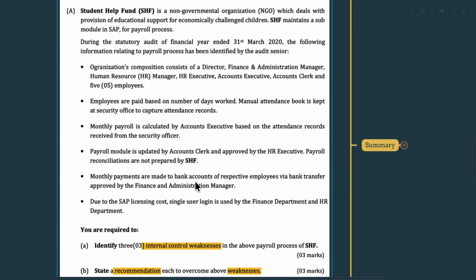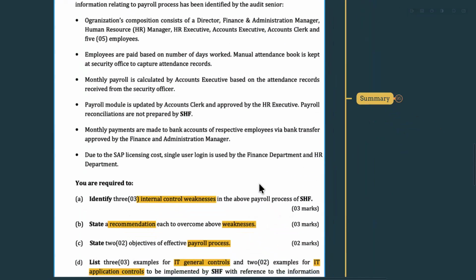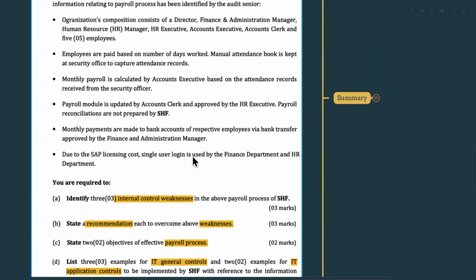And monthly payments are made to the bank accounts of respective employees by bank transfers approved by the finance and administration manager. Right? And due to the SAP licensing cost, a single user login is used by the finance department and HR department.